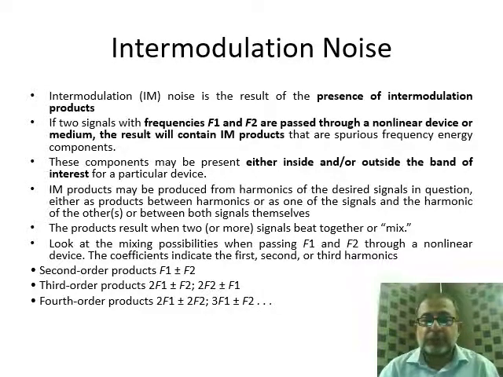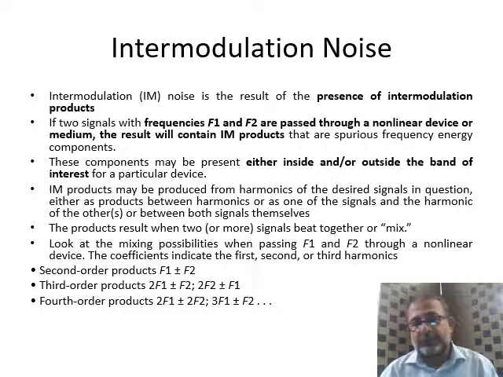How do we get those intermodulation products? If we have two frequencies f1 and f2 passing through our device, and our device is exhibiting a non-linear response, it would result in the production of second order, third order, and fourth order products of these frequencies.